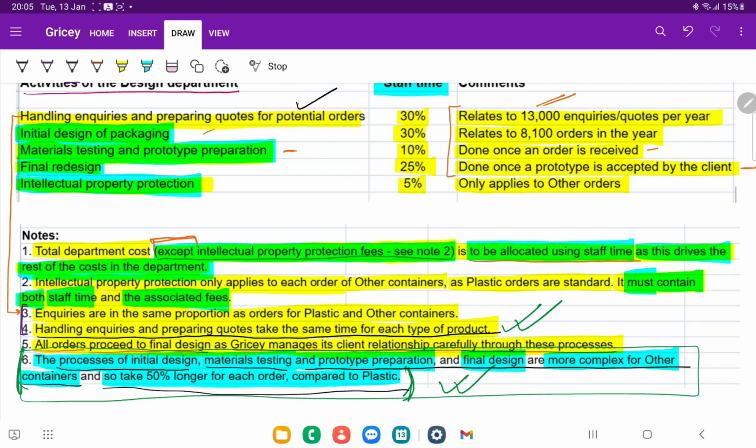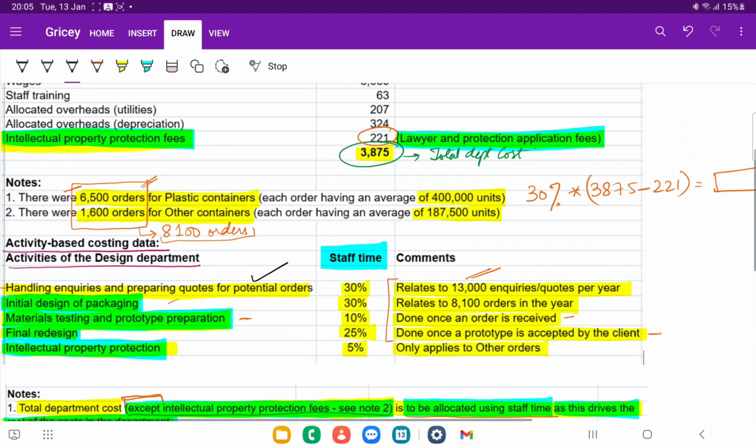That means you are supposed to give more cost to other orders rather than plastic. That's basically where activity based costing comes in, right? Let's suppose that there are 6,500 orders for plastic and 1,600 orders for other containers.